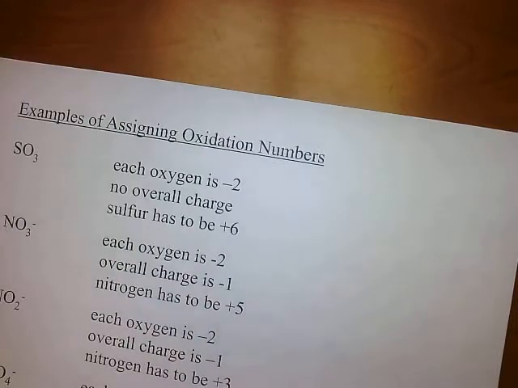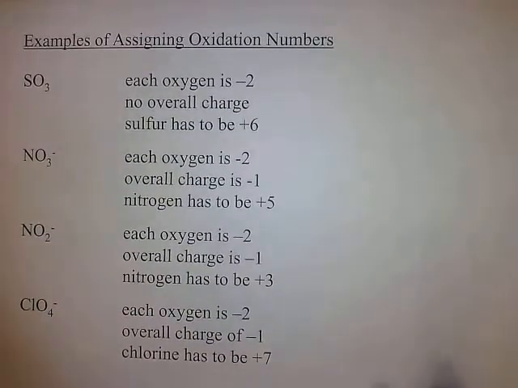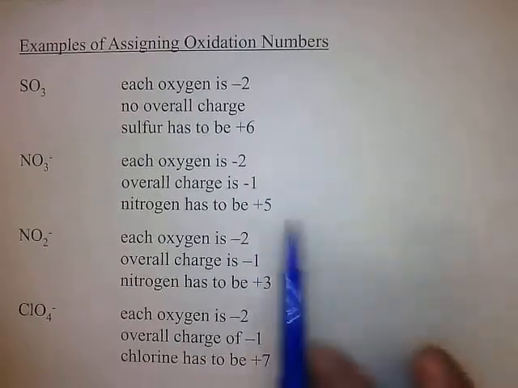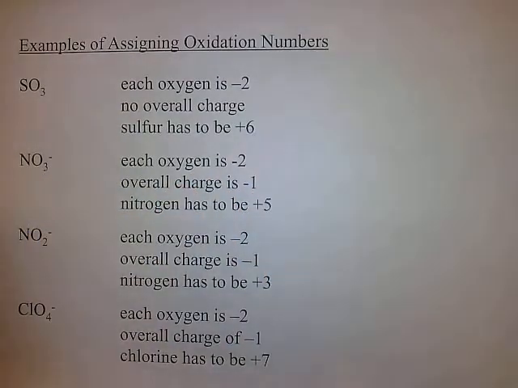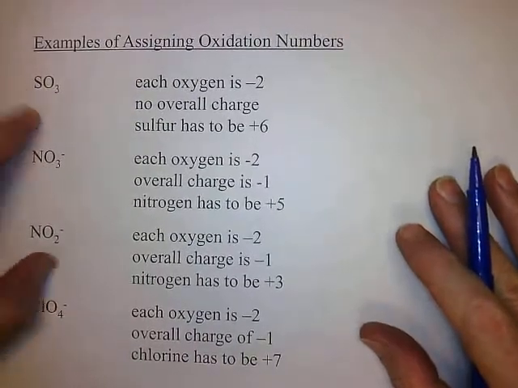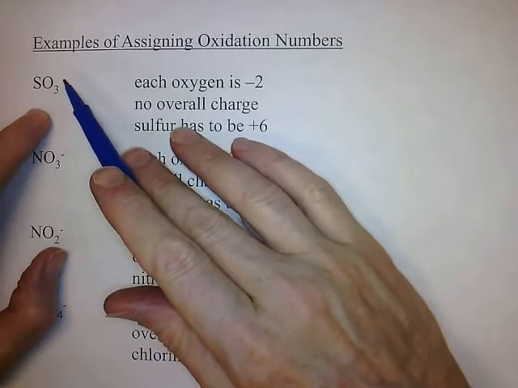So let's look at some rules for assigning oxidation numbers. Let's look at sulfur trioxide, SO3. One of our rules was that the sum of the oxidation numbers equals the charge on the molecule. There's no charge here.